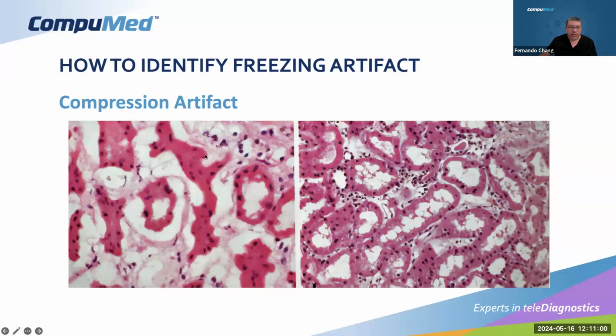In this case, you see the compression of everything around, the interstitium and the tubuli. This tubuli was compressed to the center and basically imploded, leaving this space around. This is one of the most frequent types of freezing artifact that we have, called compression artifact.